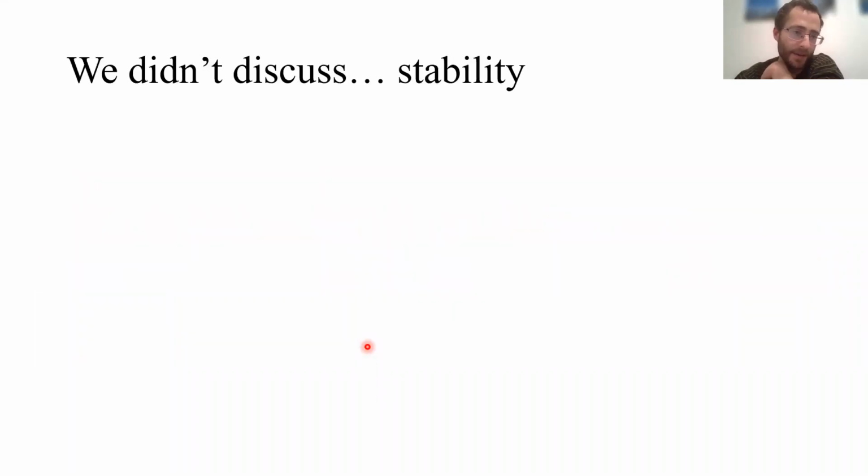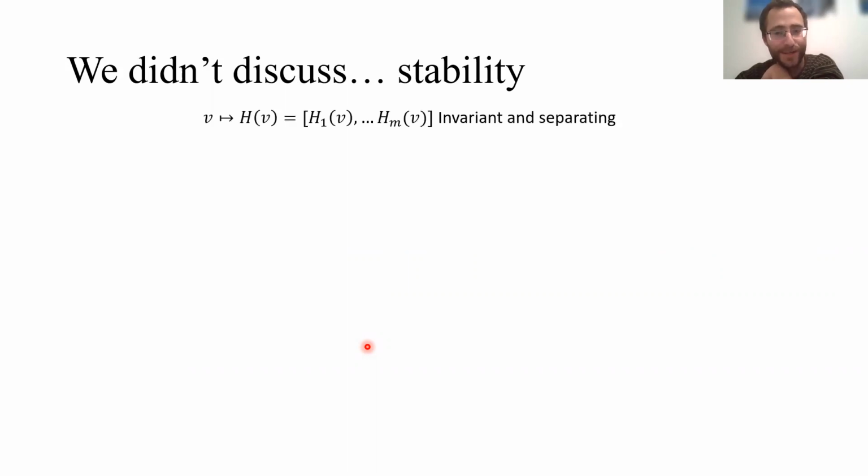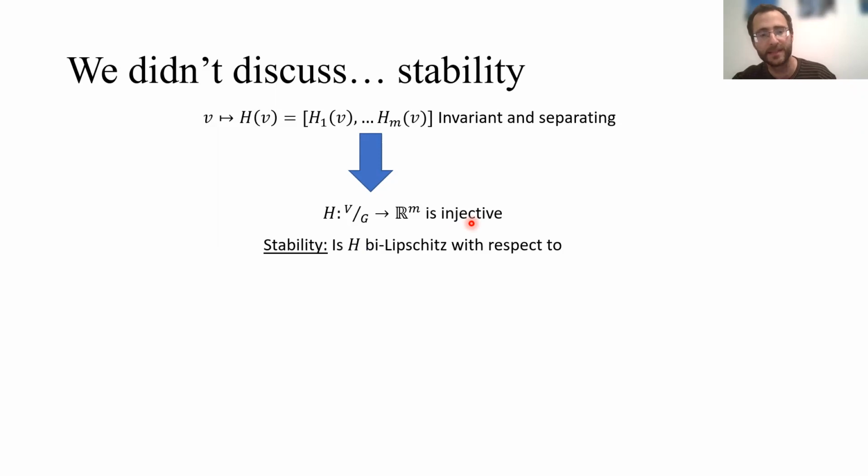The last thing is an apology for what I'm not discussing. One important thing discussed in other papers is stability. You have this notion of invariant and separating, which essentially means that you have a mapping from your quotient space to R^m, and it's injective. So you have an embedding of your quotient space into Euclidean space that allows you to work in Euclidean space. But you would like this mapping to be bi-Lipschitz in some sense.